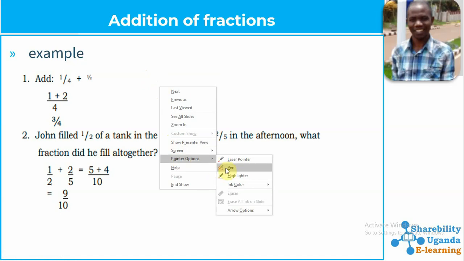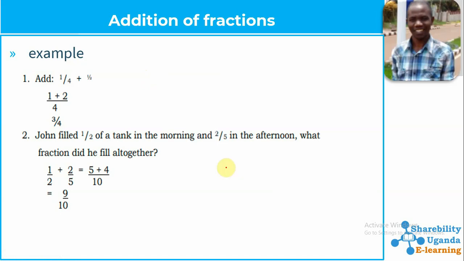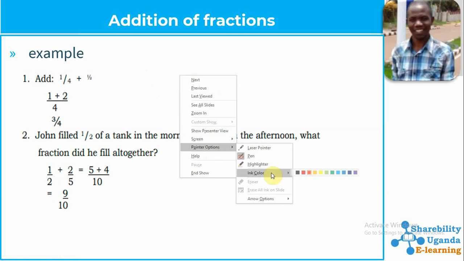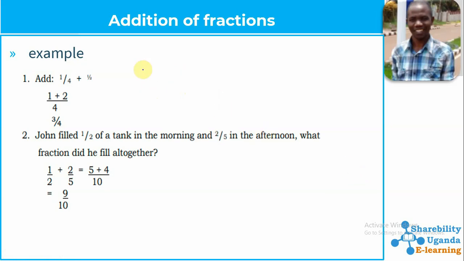So let's get our pen here. We are going to use this in addition. When I've been given an example like this, they just tell you to add, and what they are telling you to add are just fractions.